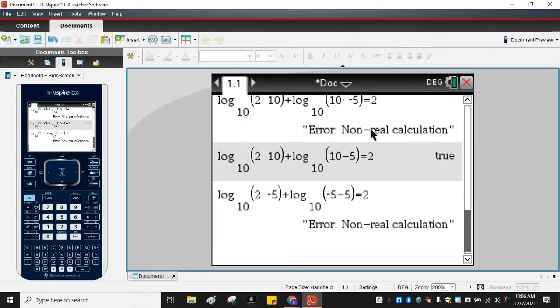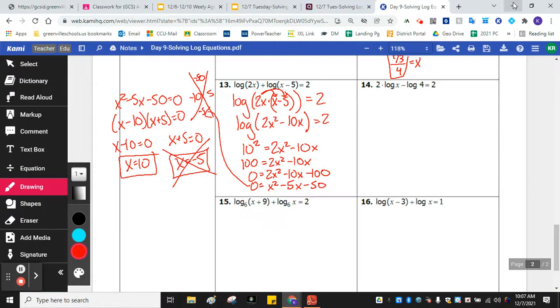As you can see, I plugged in 10. I messed up this one because I plugged in negative 5 and it became a multiplication, so just be careful how you enter it. But I plugged in 10, it was true. I plugged in negative 5 and it was false. Again, you can't take the log of a negative number, and both of these logs would have been negative. So that should help you know how to check your answer.